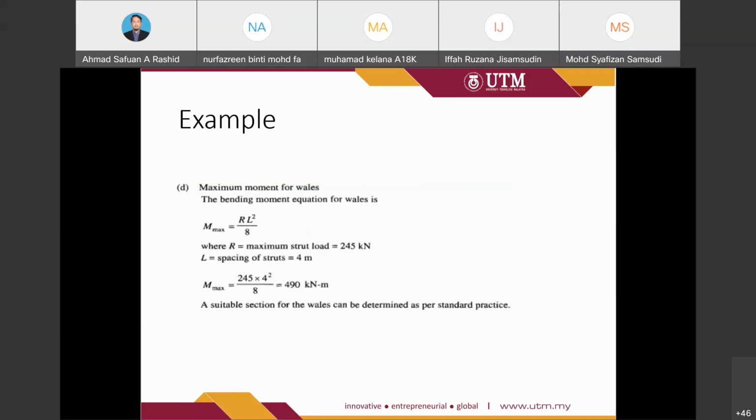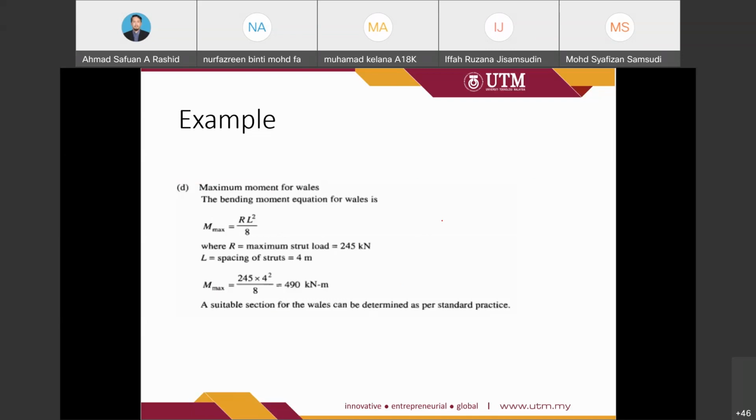Then for the D, it is the maximum moment for the wheel. The bending moment equation for the wheel is M max equal to RL squared over 8, where R is the maximum strut load that we already calculated previously, and L is the spacing of the strut, which is 4 meter. So the maximum moment for the wheel using this equation is equal to 490 kilonewton meter.